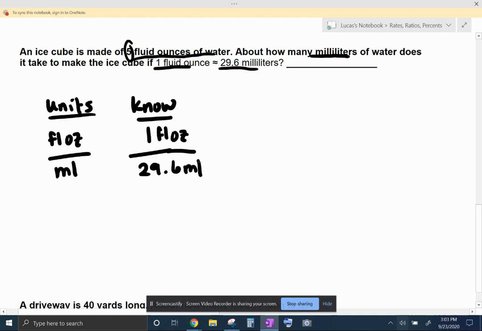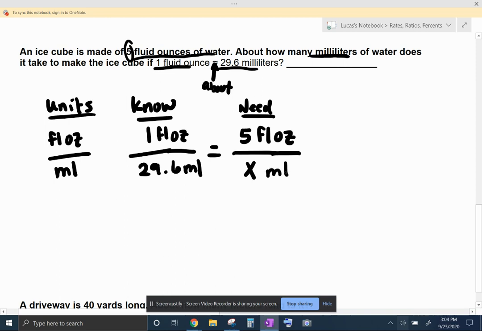This squiggly symbol means about. And then here's what we need to know, and these need to be equal: if we have 5 fluid ounces of water, then we want to know how many milliliters that is.